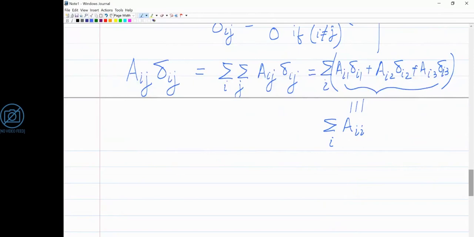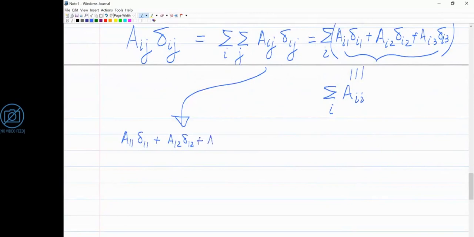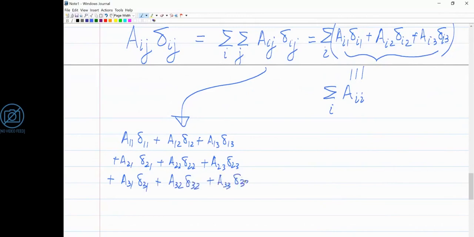Okay, that's a good question. That's what I wanted to see, whether you are able to follow it. Let us try to write all the 9 terms here. So what will they be? It's going to be a_11 delta_11 plus a_12 delta_12 plus a_13 delta_13 plus a_21 delta_21 plus a_22 delta_22 plus a_23 delta_23 plus a_31 delta_31 plus a_32 delta_32 plus a_33 delta_33, isn't it?